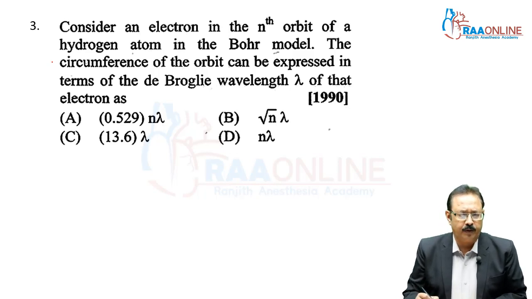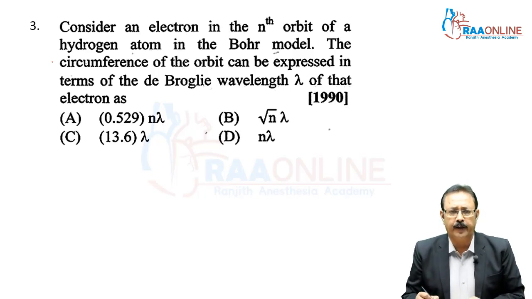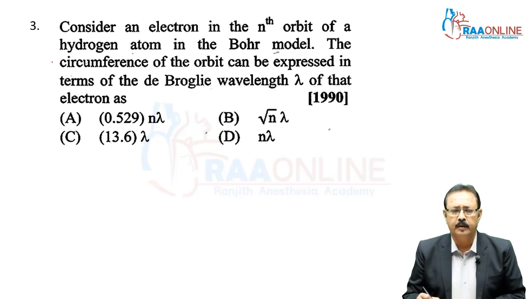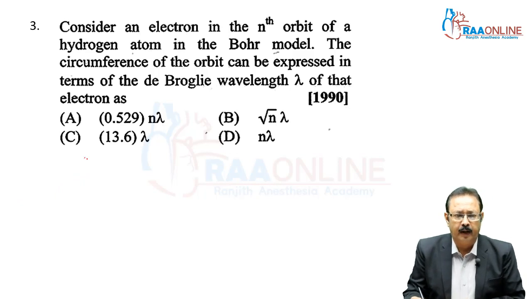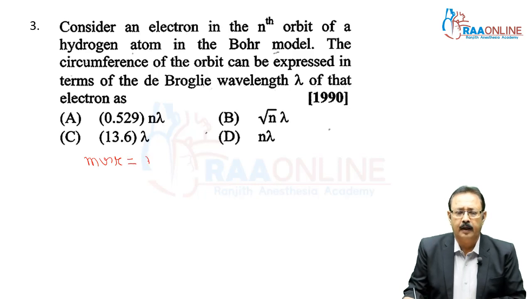Consider an electron in the nth orbit of a hydrogen atom in the Bohr model. The circumference of the orbit can be expressed in terms of de Broglie wavelength. We know that according to Bohr, angular momentum is an integral multiple of h upon 2 pi.